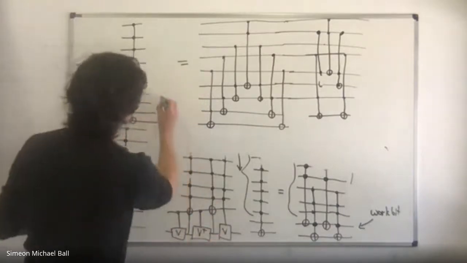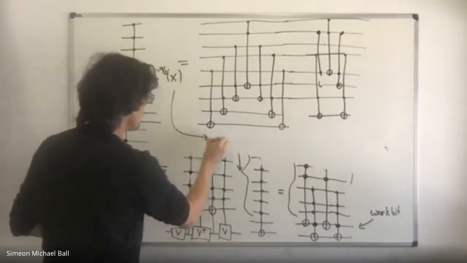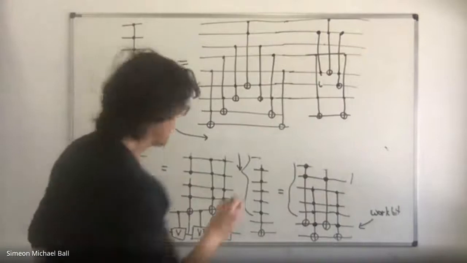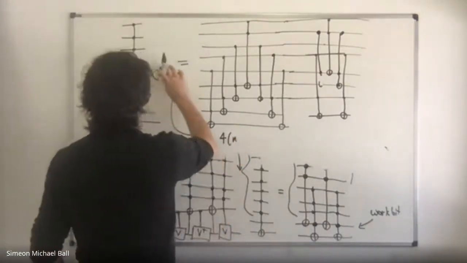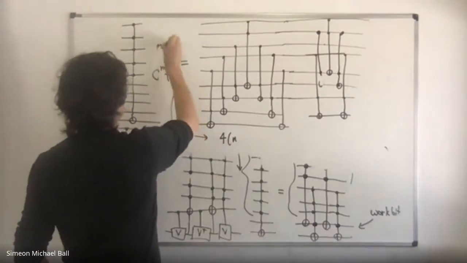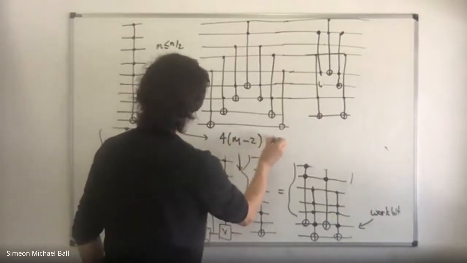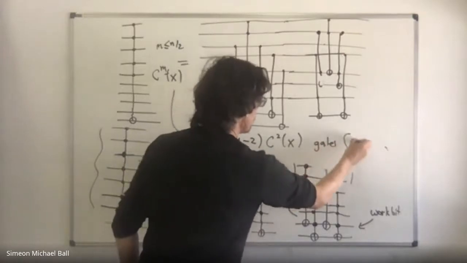So in the end, this Cn divided by 2 of x breaks down into at most something like 4n. So if you have a Cm with m less than n divided by 2, then you get 4n minus 2 C2x gates, also Toffolis.